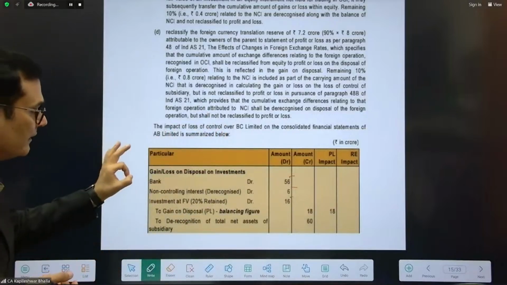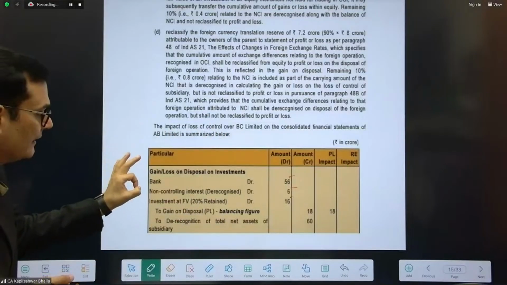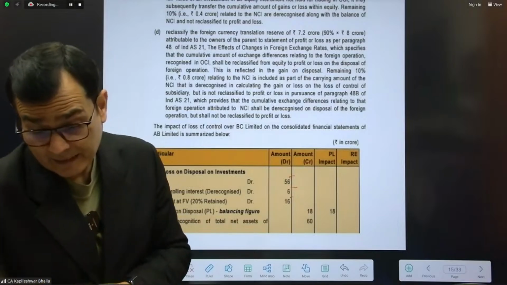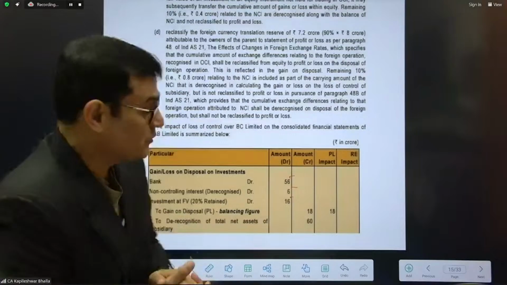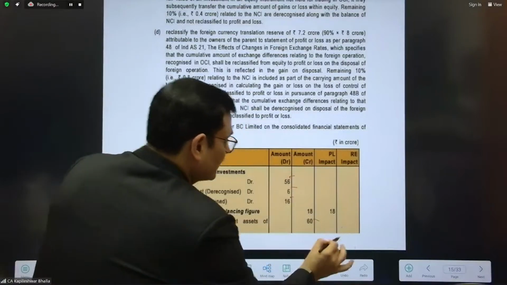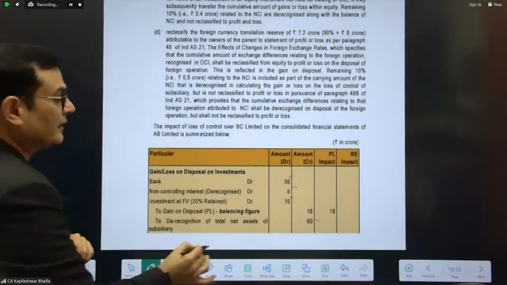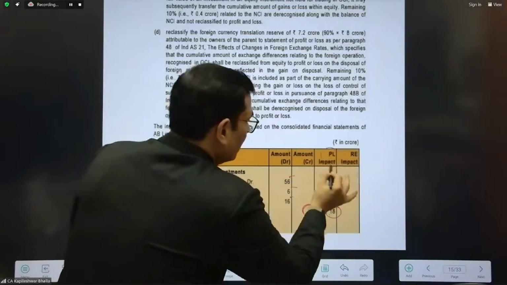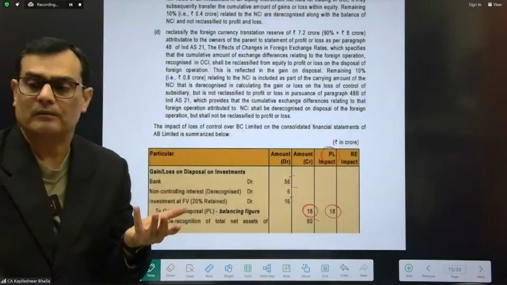So bank is taken a debit at the sale proceeds, NCI derecognized, investments retained is taken. And then the net assets on the date of disposal is 60 crores. So you would get a balancing figure, a gain on disposal, and this gain on disposal is going to be taken in the P&L. Simple.